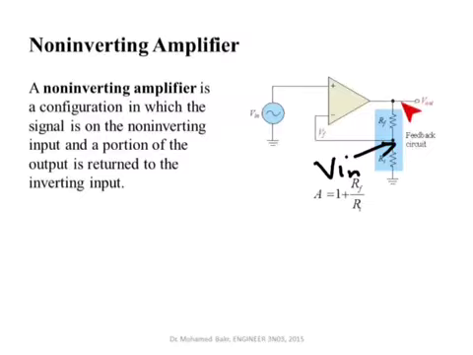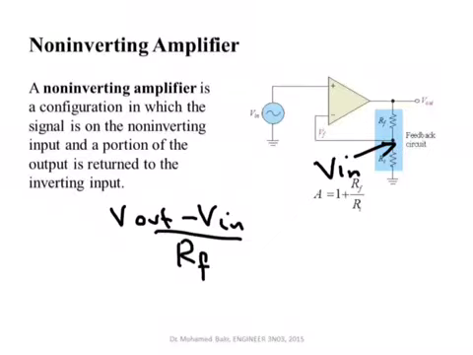This current here is equal to Vout minus Vn over Rf, and this current is equal to Vn minus 0 over Ri. If you put these together, you can simply write that Vout minus Vn over Rf will be equal to the other current, which is Vn minus 0 divided by Ri.